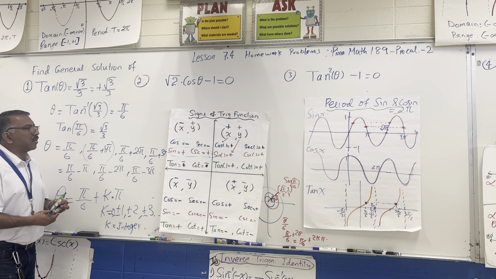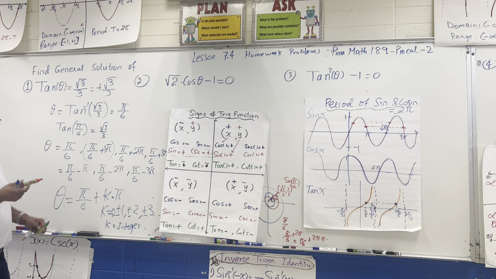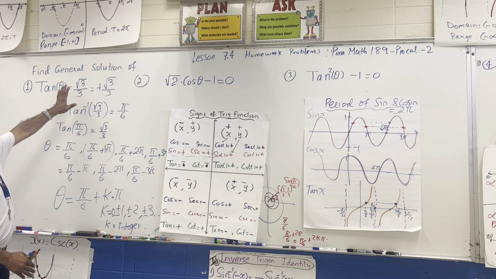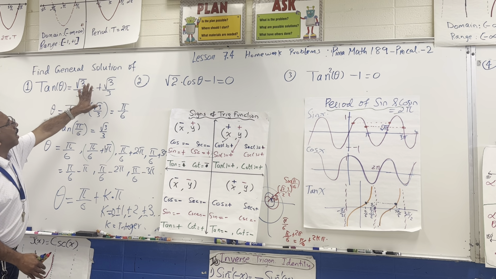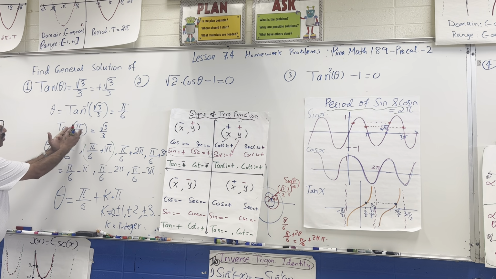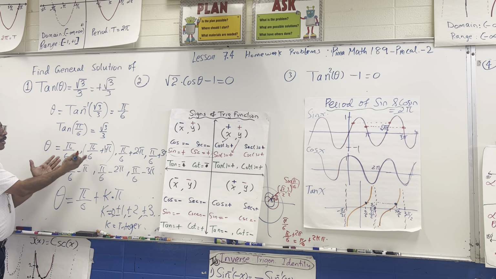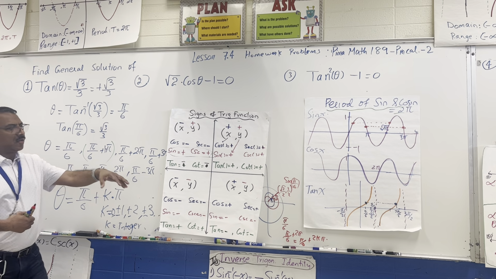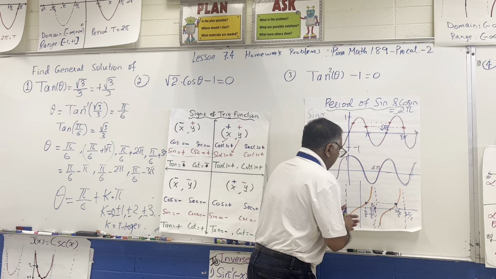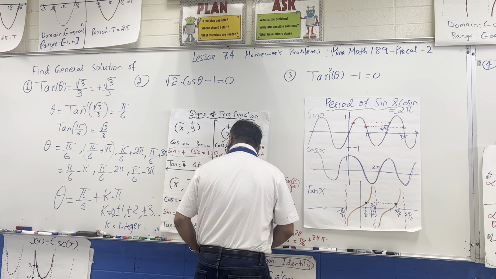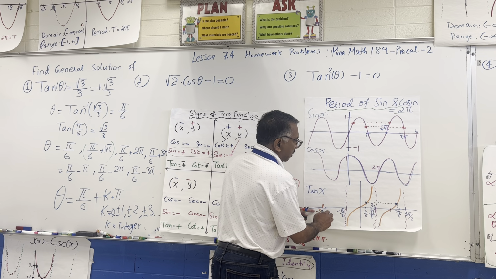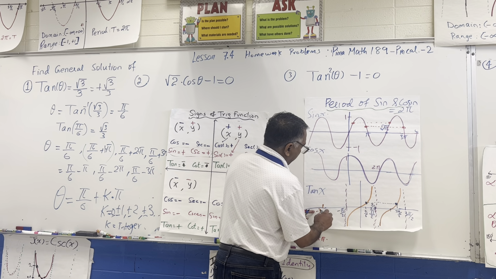Hope that makes sense to you. Again, I repeat, this is the first problem, which is very, very important. So even though you know tan of pi by 6 is root 3 by 3, you just go on adding pi to whatever the angle is. You can see that if this is pi by 6, you just add pi, you go there, and you can go on the other side also. So this is minus 3 pi by 2.